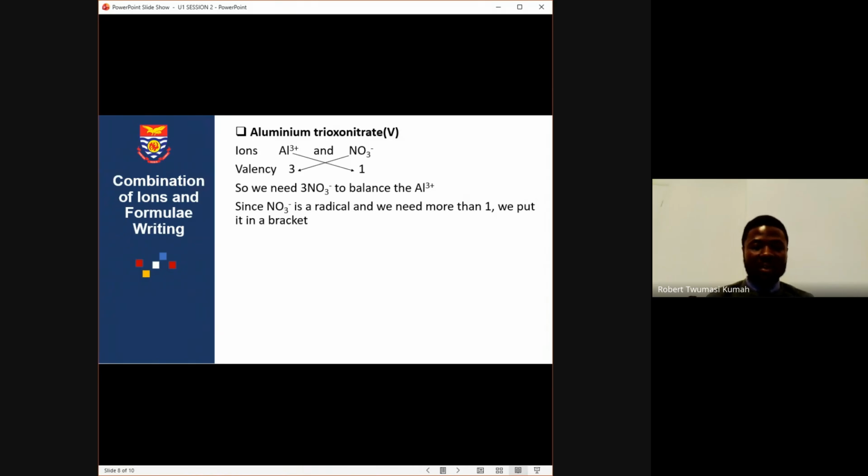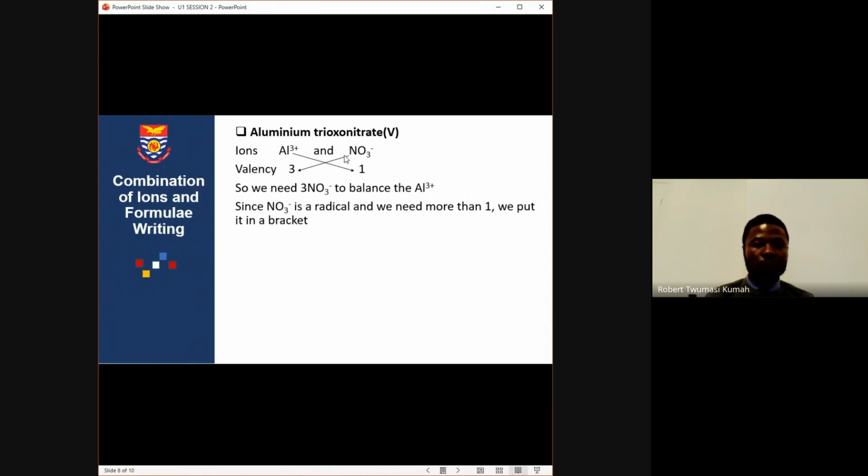So what this means is that for this whole group, we are taking it as 1. So we are going to need 3 of it, because this whole group has a charge of -1, whilst the aluminium has a charge of 3. So we are going to need 3 of this whole group.